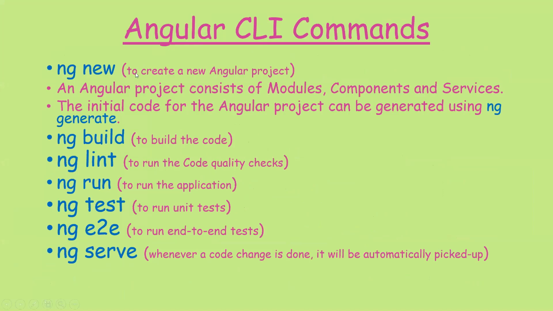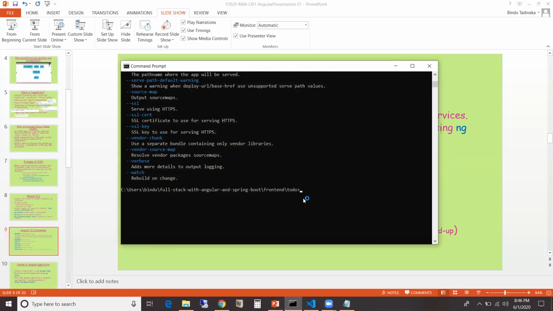CLI stands for command line interface. Now that we installed Angular CLI, the next step is to create a new Angular project, and that we can do by using ng new. I actually created a new project called todo, but if we want to create it, we have to run this command.